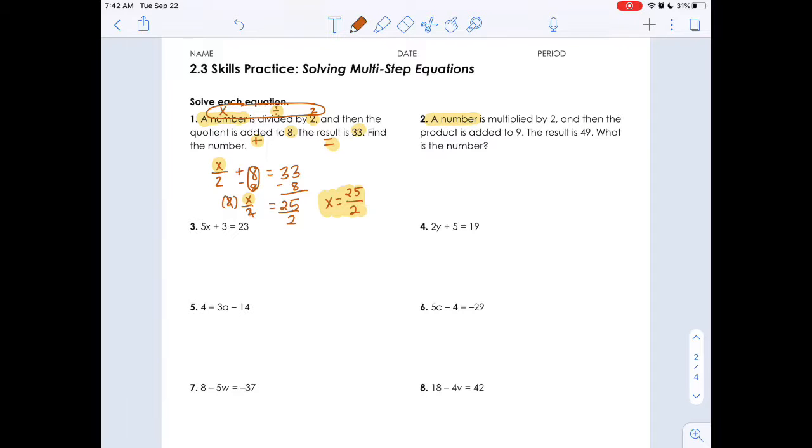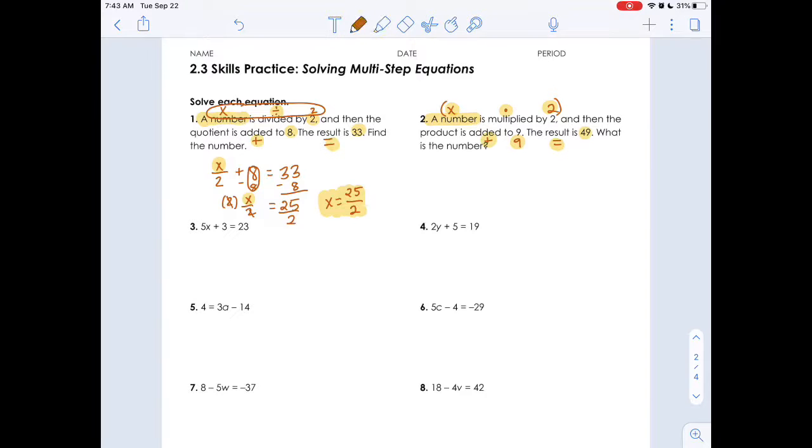So we have a number, we could call it any variable, I'll go ahead and do x, is multiplied, so times by 2. And then the product, meaning the answer of this multiplication, is added to 9, so plus 9. And the result, meaning it's all equal to 49.